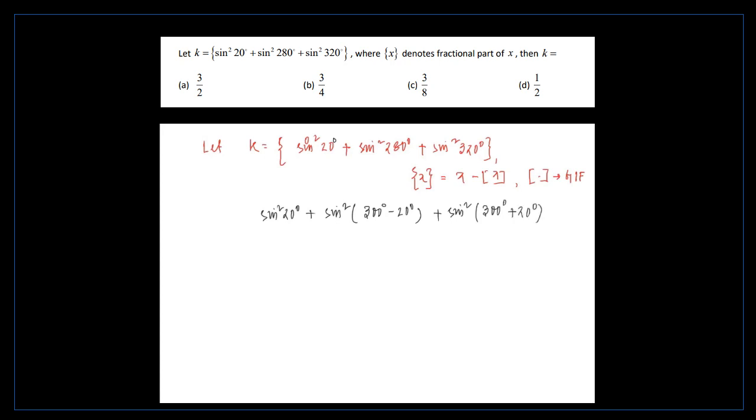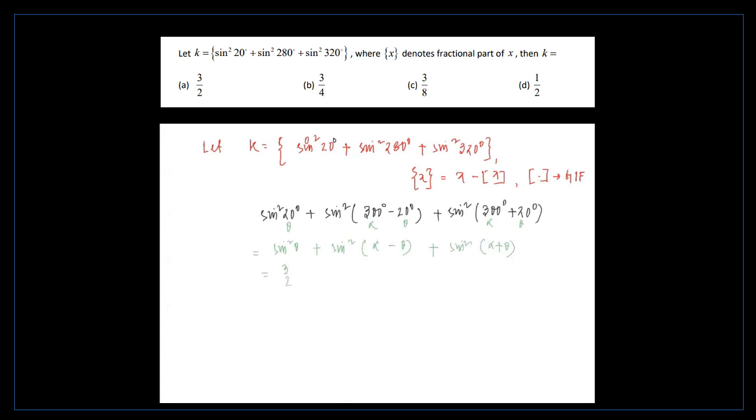If we think of this 20 as theta and 300 as alpha, we can correlate this as sin square theta, sin square alpha minus theta, plus sin square alpha plus theta. And this gives us 3 by 2.